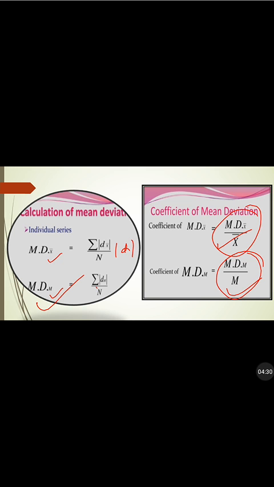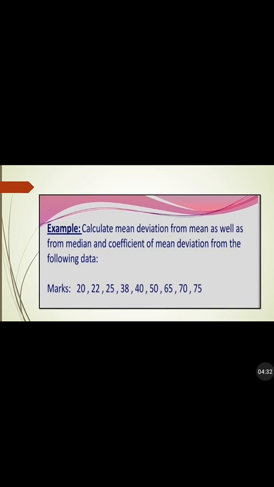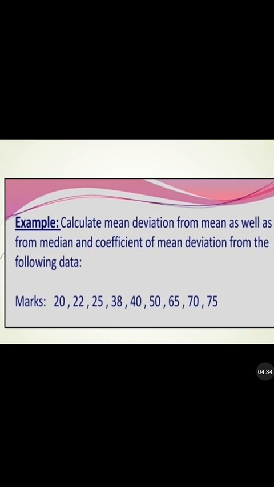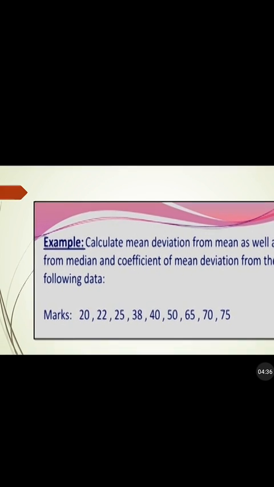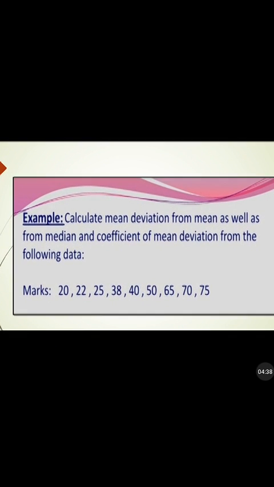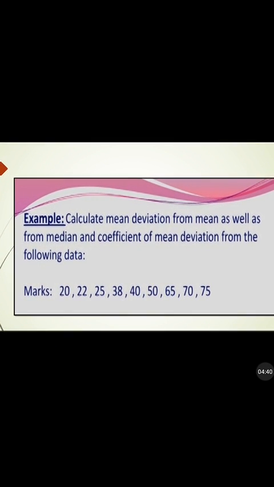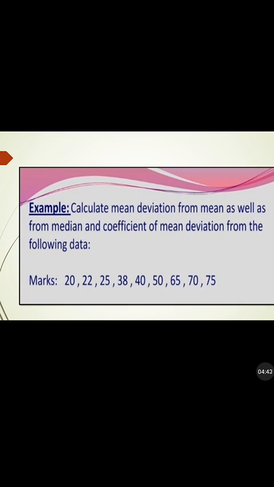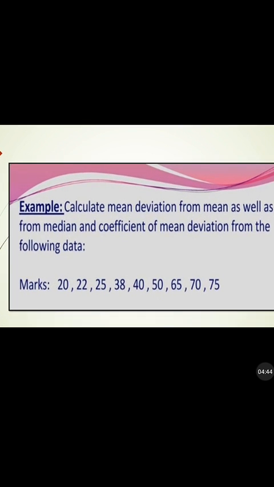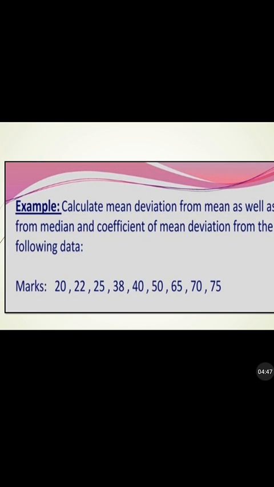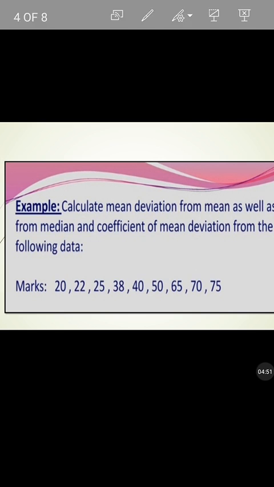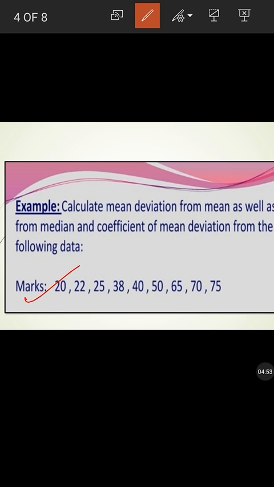Now let us see a problem. Calculate mean deviation from mean as well as from median and the coefficient of mean deviation from the following data. This particular problem comes under individual series. Why do we say that it comes under individual series? Because we have only one variable, that is marks, which is x.